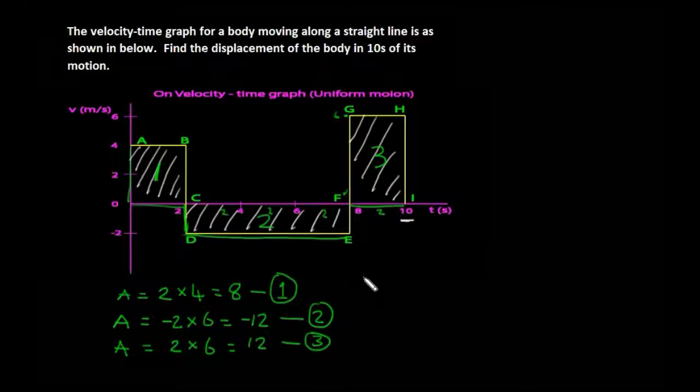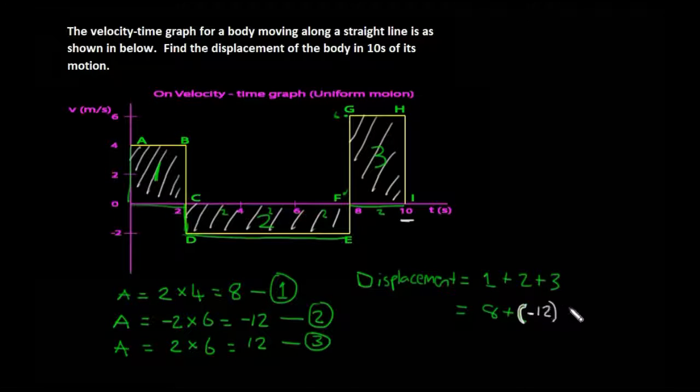Now remember, displacement is equal to area 1 plus area 2 plus area 3. Now we got area 1 is equal to 8, plus, I'm going to put this minus 12 because you are moving in the opposite direction.